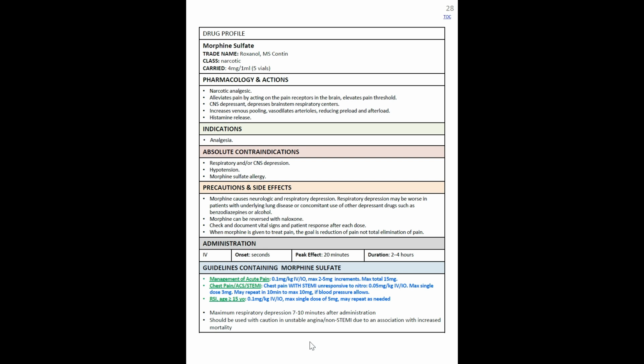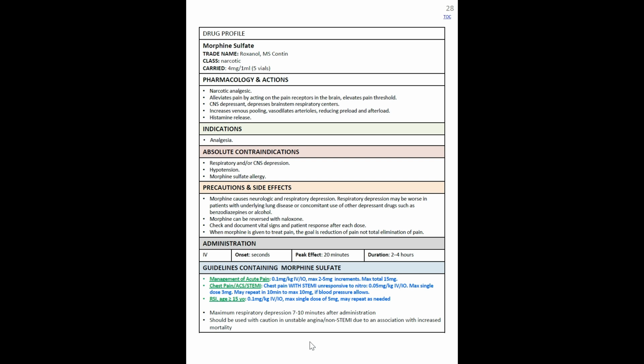So just be on the lookout for some of those things after giving morphine to patients. Check your vital signs before and after, and also get a good quality pain score before and after each dose. Also, when morphine is given to treat pain, the goal is a reduction in pain, not the total elimination of pain. We can give this morphine IV or IO.